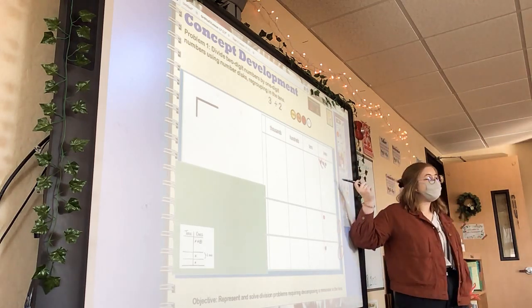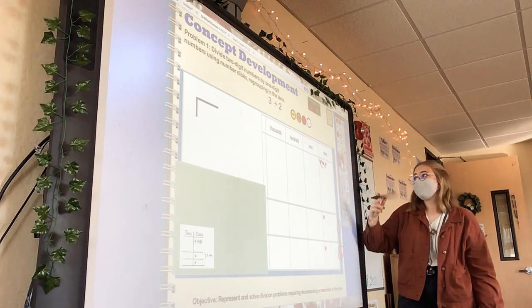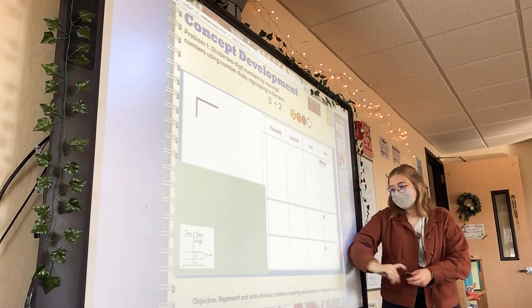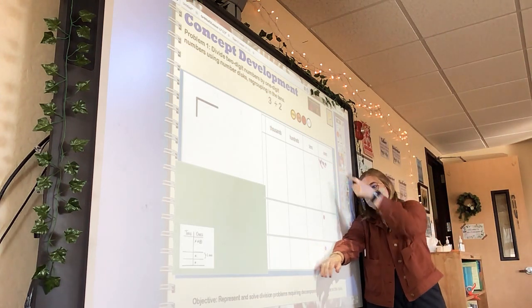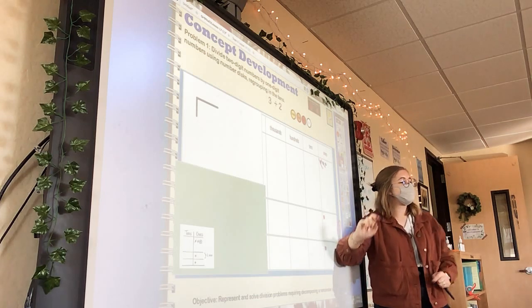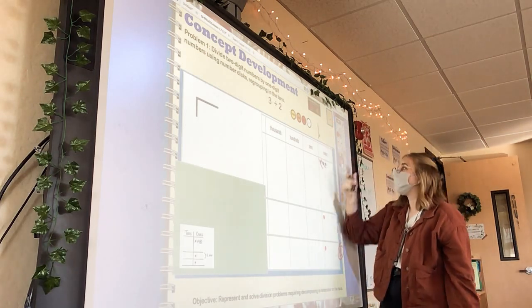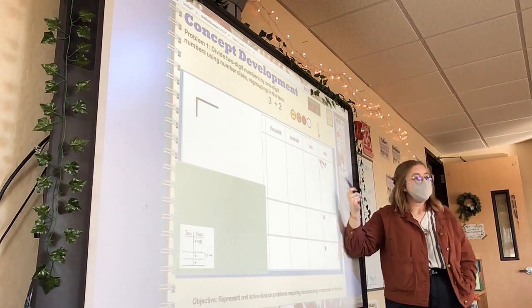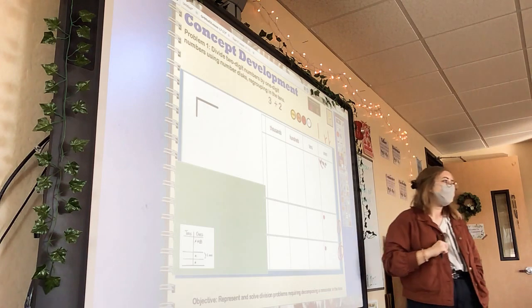I have 1 left. Do I have enough to put 1 in each group? No, right? So my answer is how many I have in 1 group, and then the remainder. So how many was I able to put in 1 group? 1, right? So my answer is 1, but how many did I have left over? 1, right? So it's 1 remainder 1 is my answer.